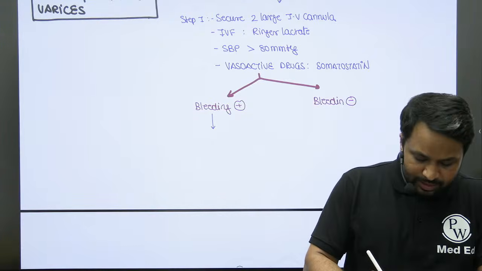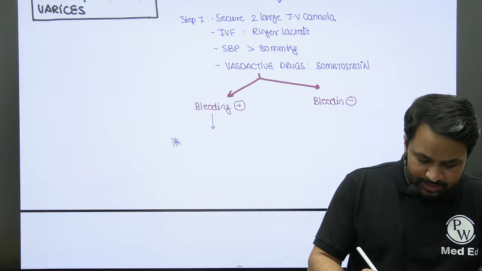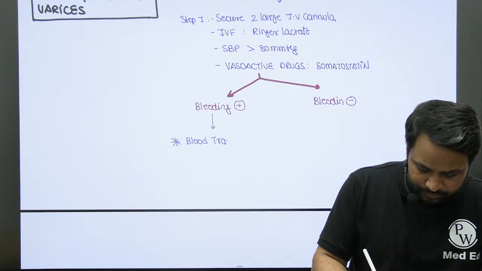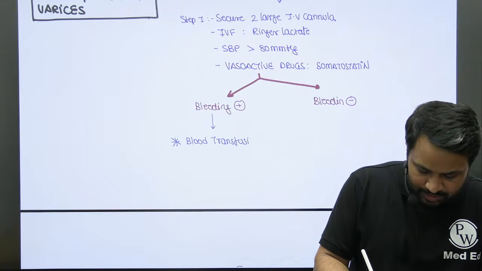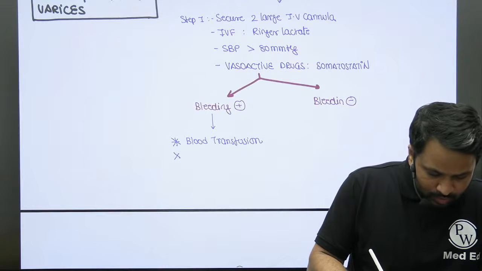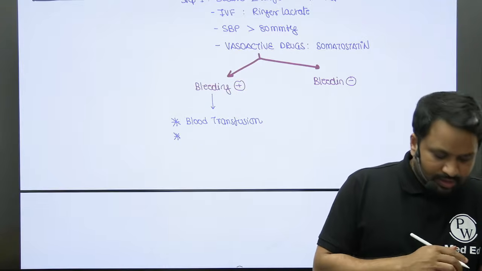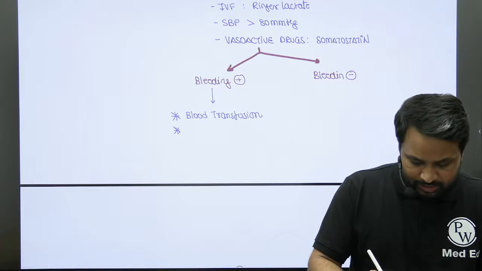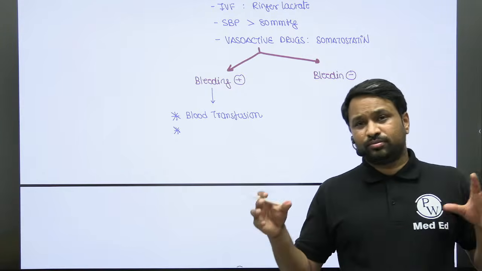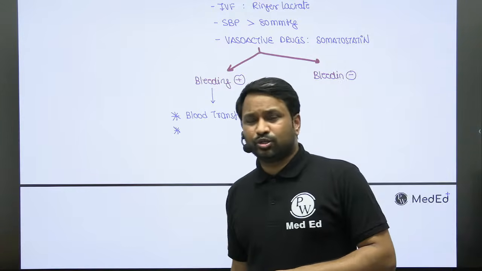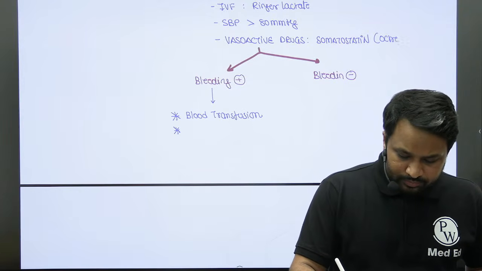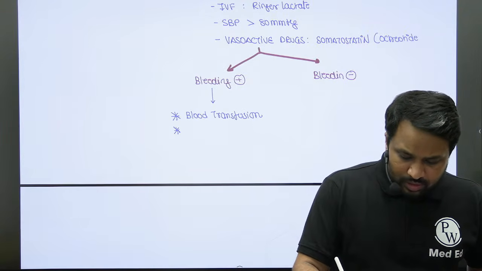If the bleeding continues to happen, I can consider blood transfusion, and at the same time I can also consider the drugs which are going to stop it. There are a lot of ifs and buts about what drug should be given. The somatostatin analog is octreotide.